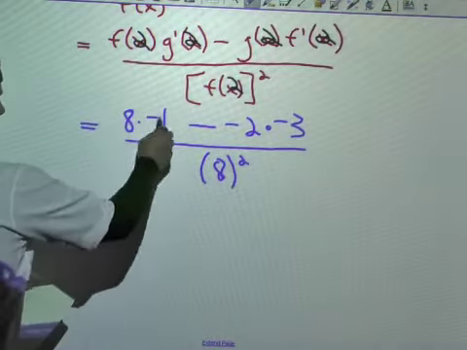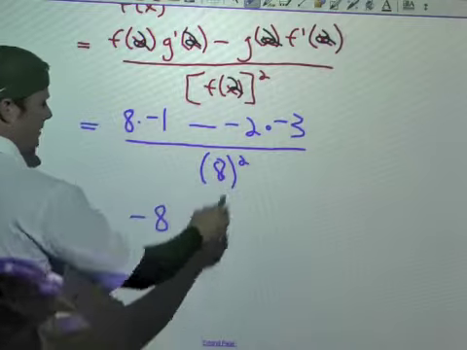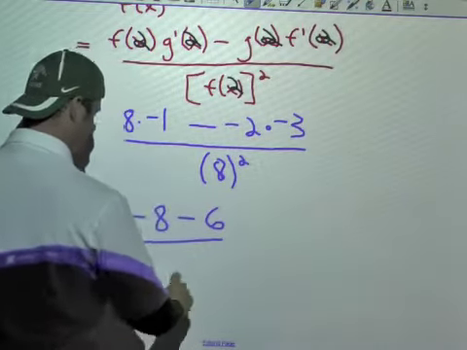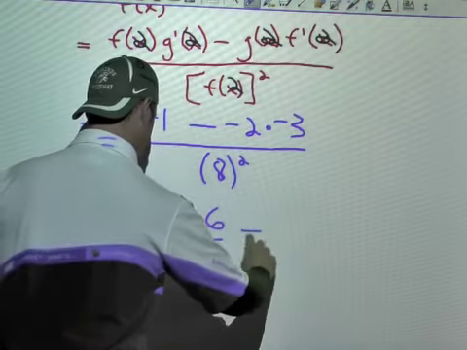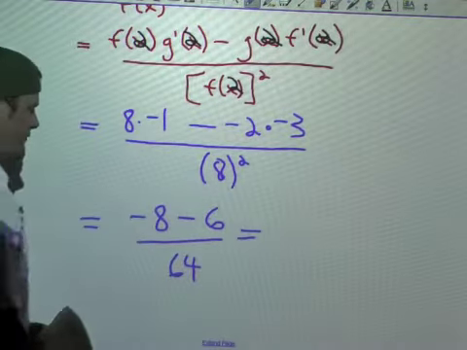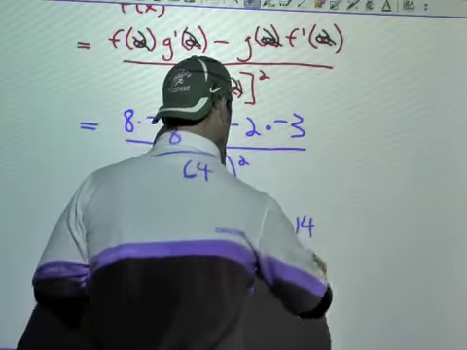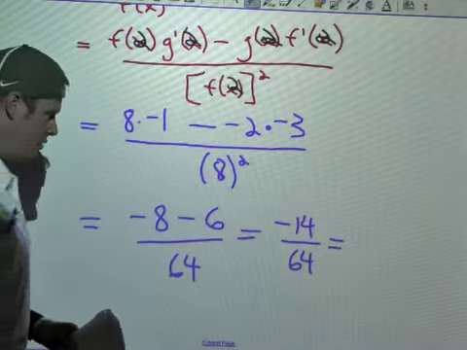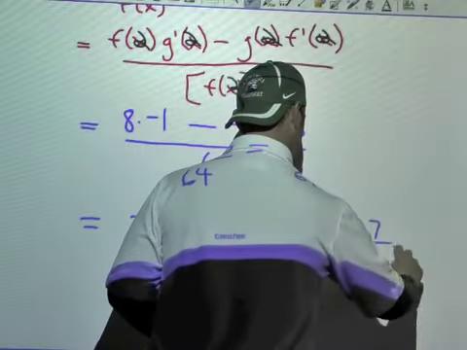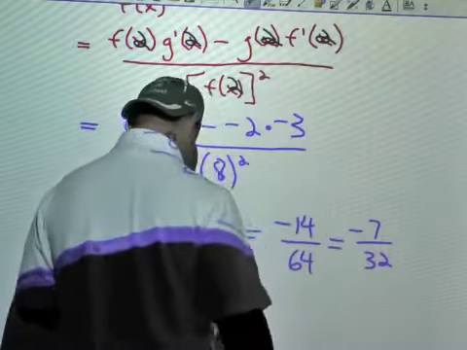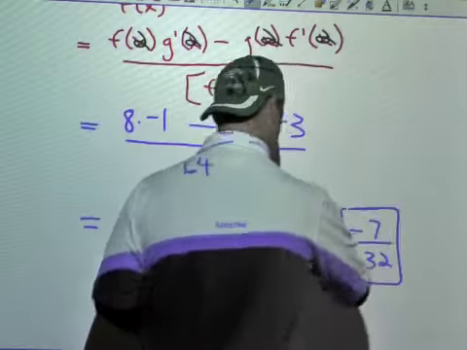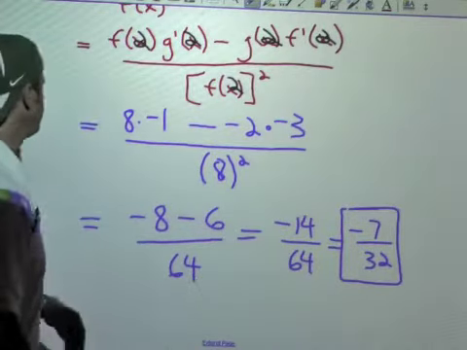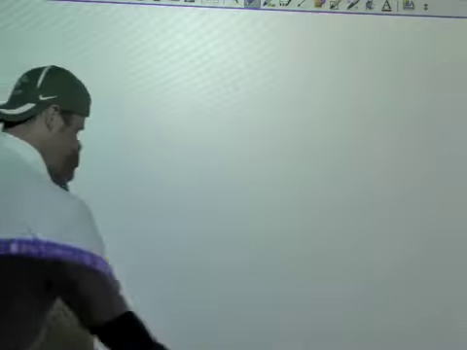Working out the arithmetic, 8 times -1 is -8. -2 times -3 is 6, so it's -6, all over 64, which is -14 over 64, which if I divide by 2, you get -7 over 32. And that would be your derivative. Okay?